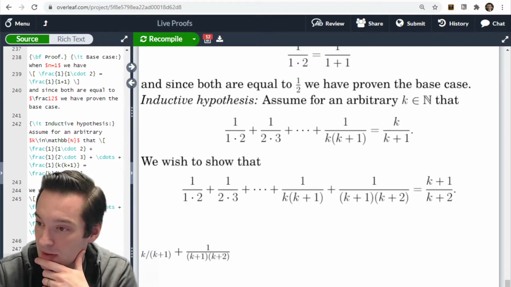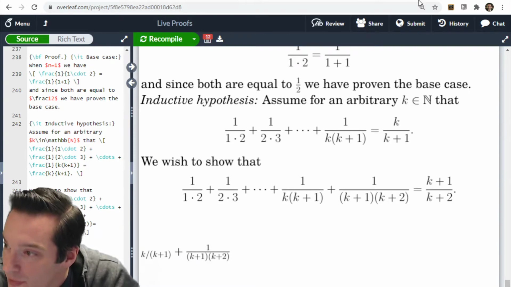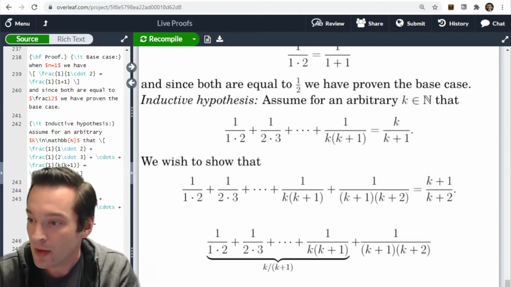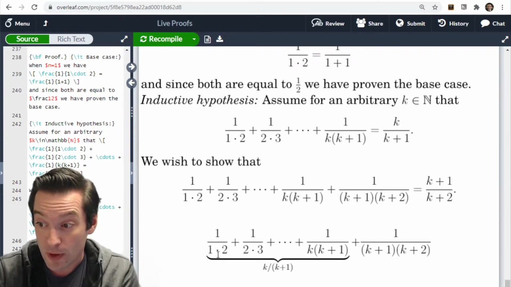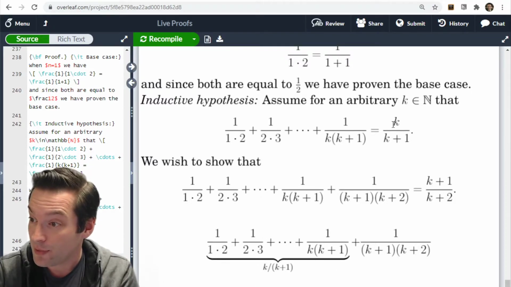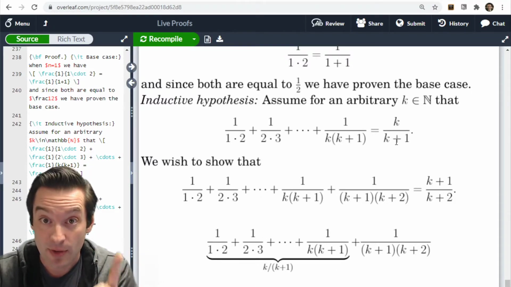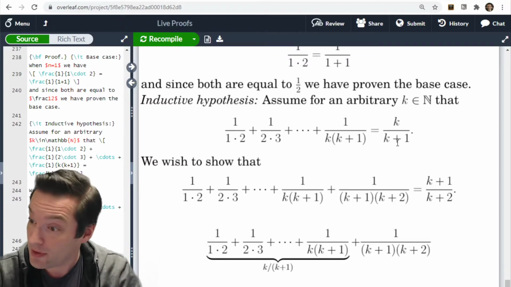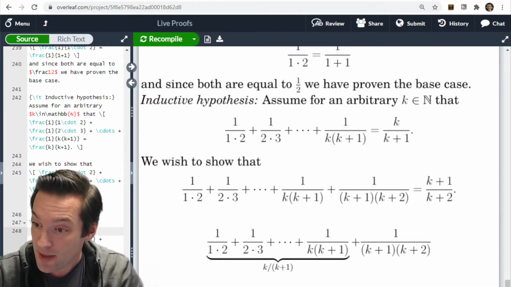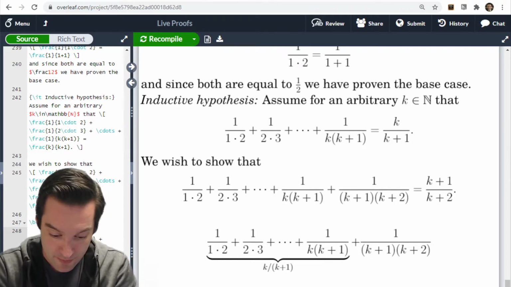So this whole part from 1 over 1 times 2 all the way up to 1 over k times k plus 1, we know is equal to k over k plus 1 when we assume our inductive hypothesis. So we'll just replace that part with k over k plus 1.